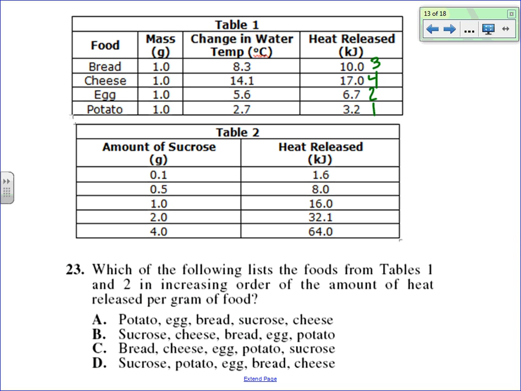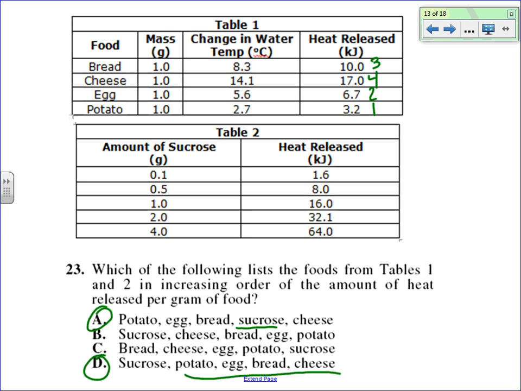Good. So you just went through, and the only option was A, or why did you not pick D? Because D puts them in the same order that you had. But you have sucrose right here.